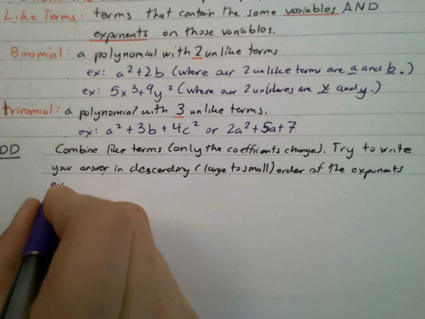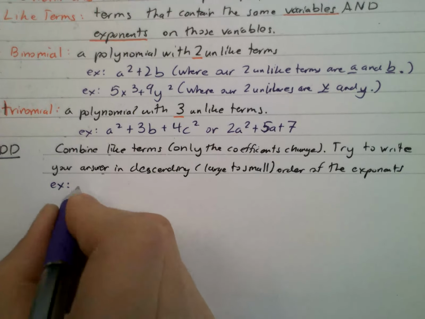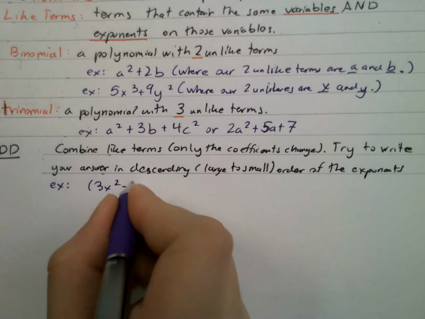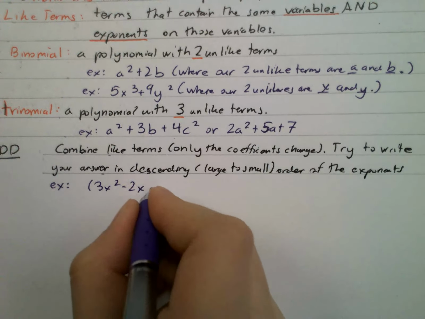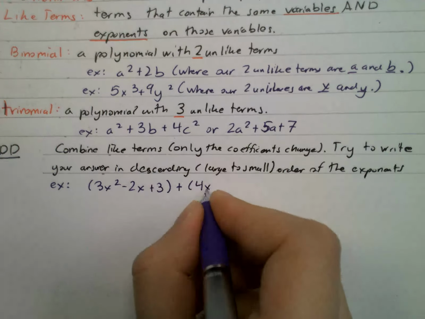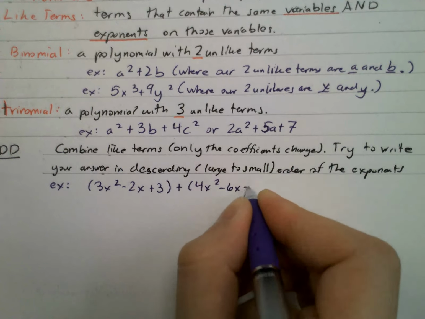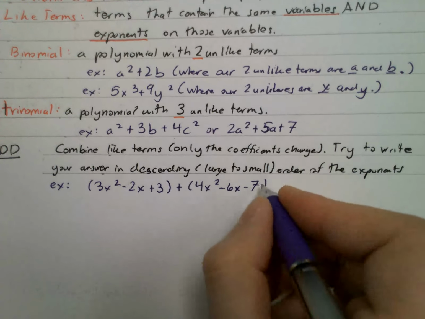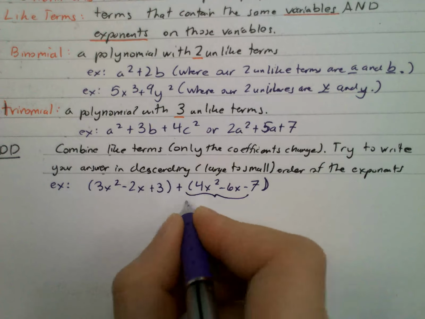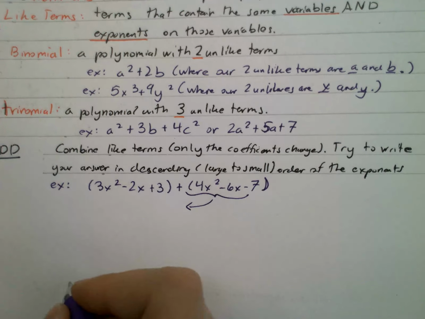So an example would be, let's say I had 3x squared plus 2x plus 3, close, plus 4x squared minus 6x minus 7, right? So all we're doing is just adding this to here.